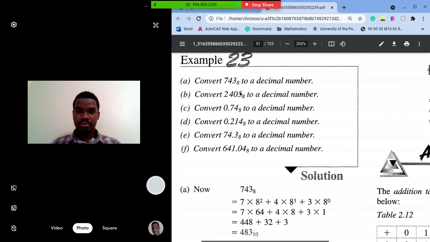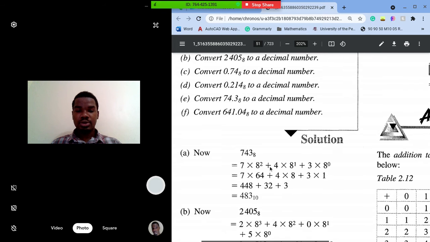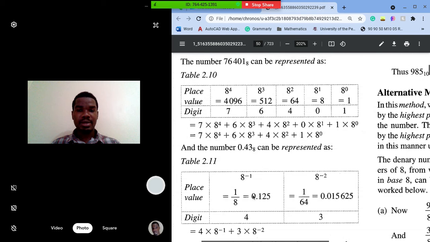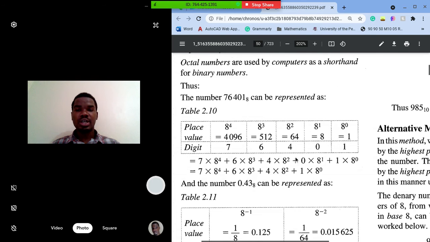I told you, now that you have each value individually in a column, you're going to multiply them and then add them together, and that value gives you your base 10. So this table you can use to convert any number to base 10. It's not just the place value table for base 8, it's actually the conversion table to get to base 10. What do I mean?